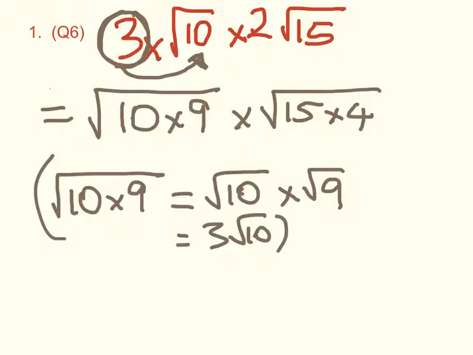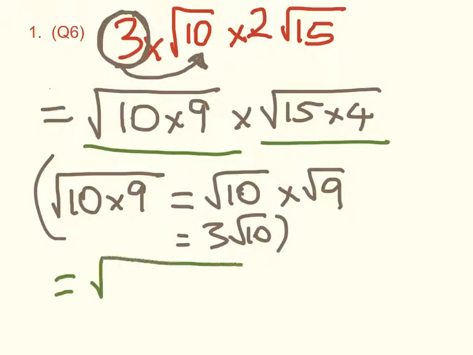So now what I've got here is one square root times another square root. I can pop those all together, and I get the root of 10 times 9 times 15 times 4.